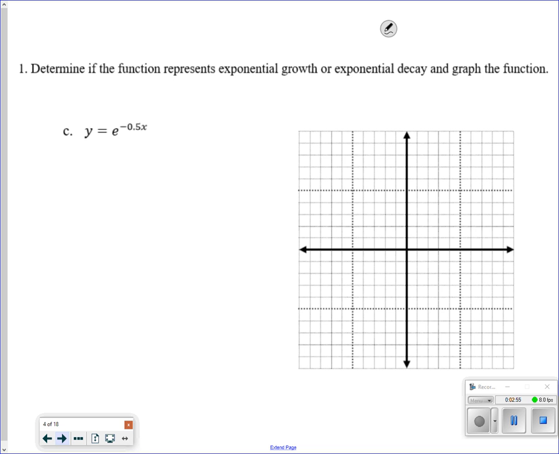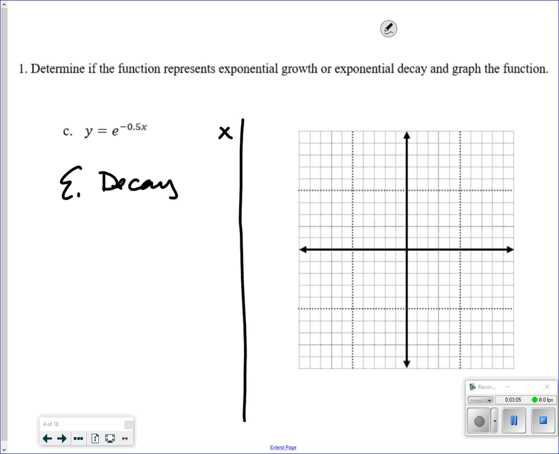E, so again, probably using a graphing calculator even more here, to a negative power, this would be exponential decay. And now for my XY chart, they're going to do a lot of decimals now. So e raised to the -0.5x. And I'm going to do an XY chart here.